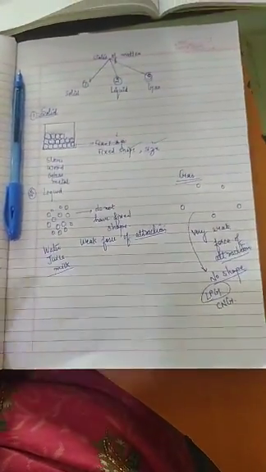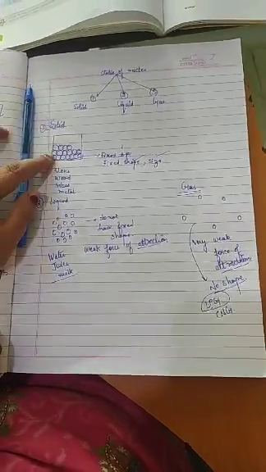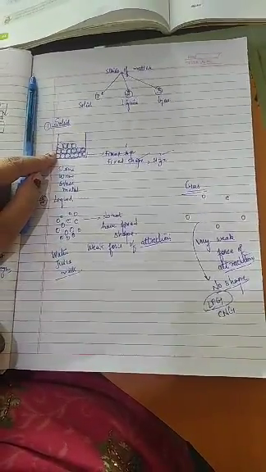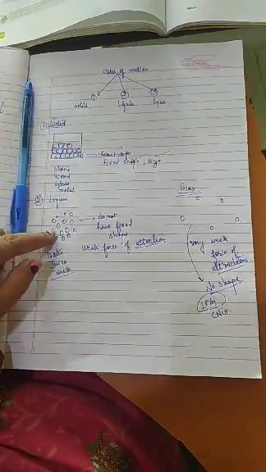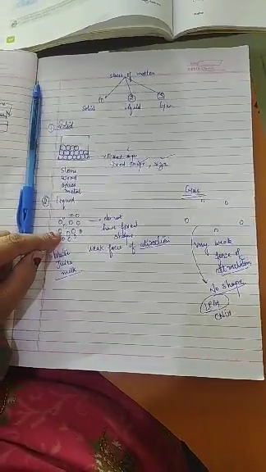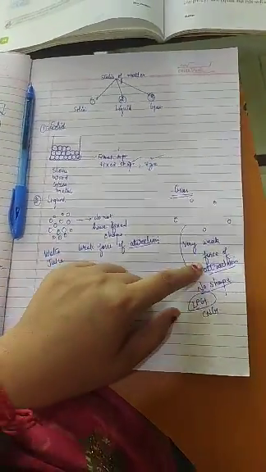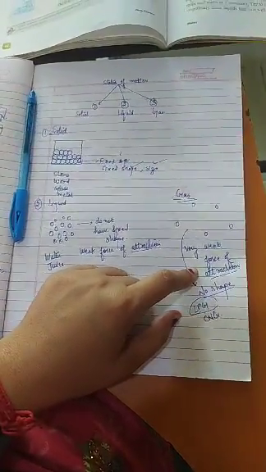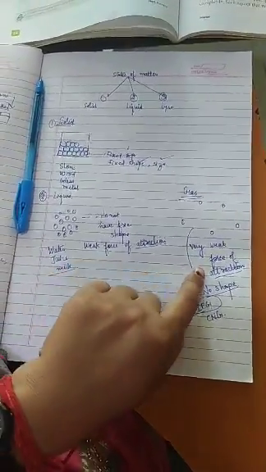If we talk about the major difference between them, here molecules are tightly packed with each other. Here molecules are loosely packed. Here molecules are very, very loosely packed. Clear?